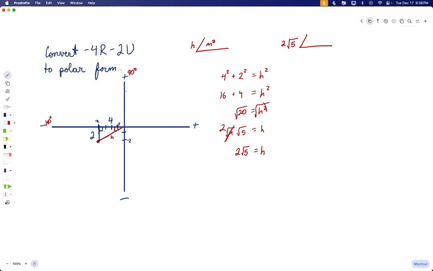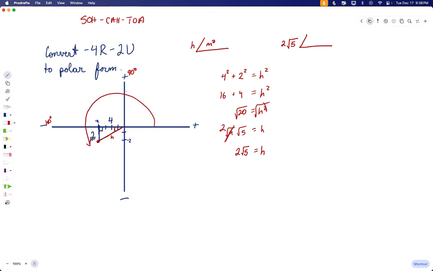So I know that if I look at my SOH CAH TOA, if I look at my sides that I have, this is my angle that I'm trying to find, because we want to go from here all the way around to here, right?